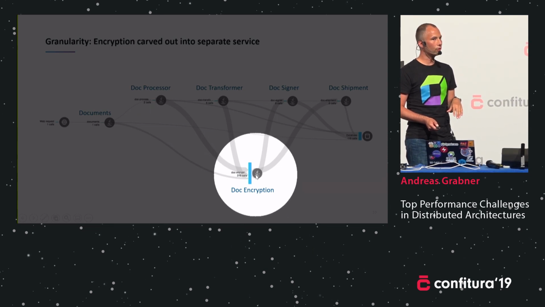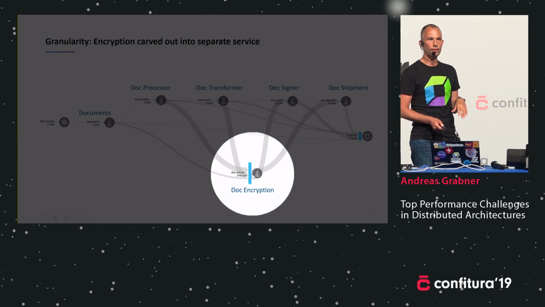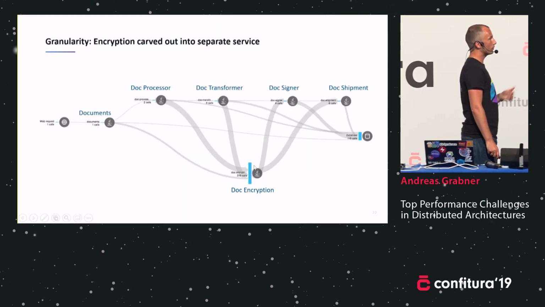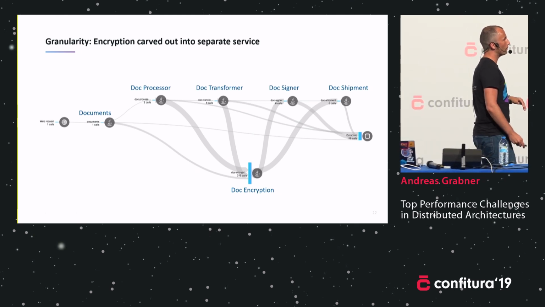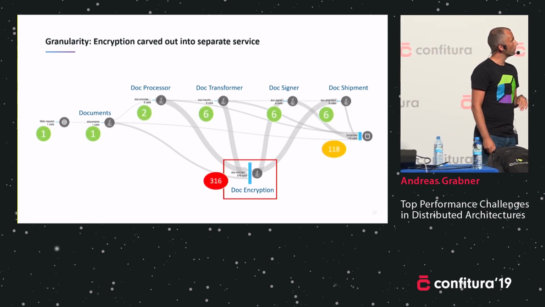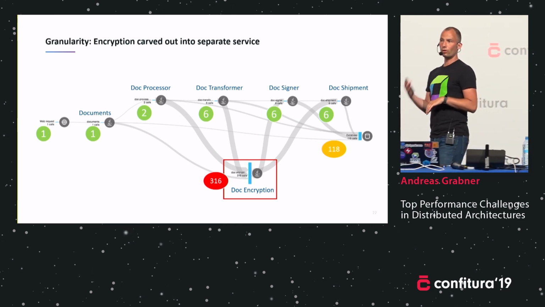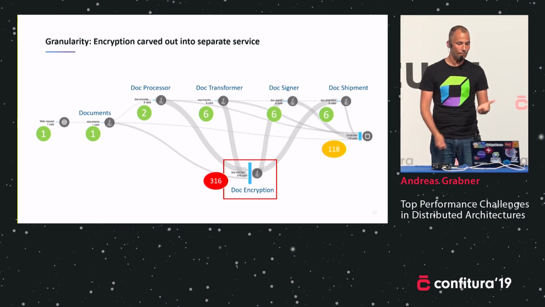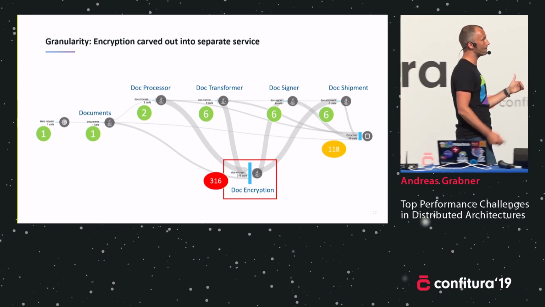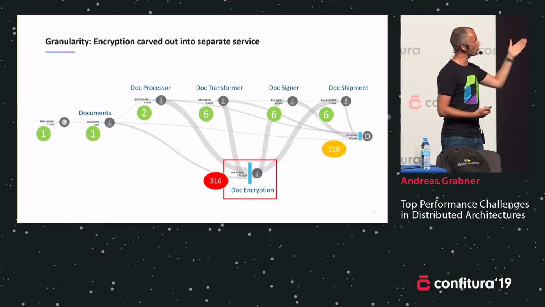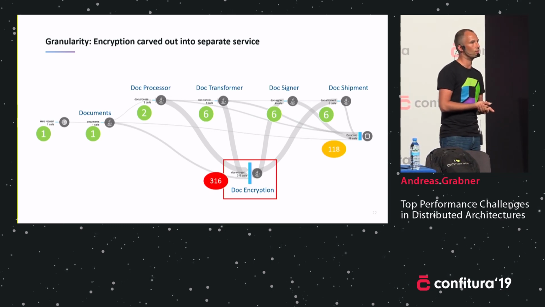That was a Java module, and they thought, well, it's a module, and if everybody needs it, we just externalize it, so that every individual service can call it when it's needed. The problem now, for a single document that was processed, they ended up with 316 calls to that central service. That was completely overloaded, became the bottleneck, and also the additional network overhead didn't make sense at all.